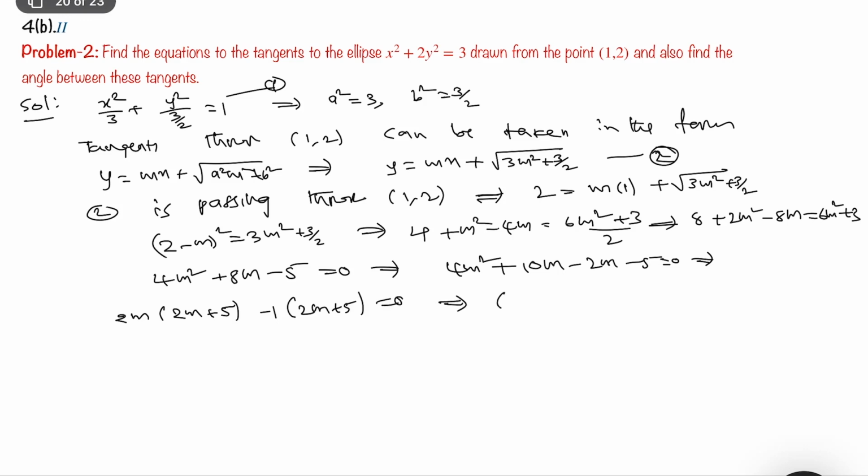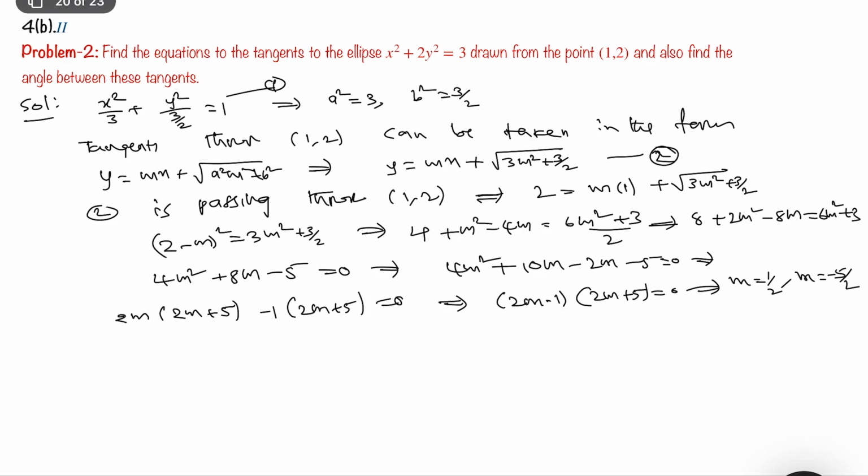That implies 2m minus 1 times 2m plus 5 equal to 0. That implies m value 1 by 2 and m value minus 5 by 2.